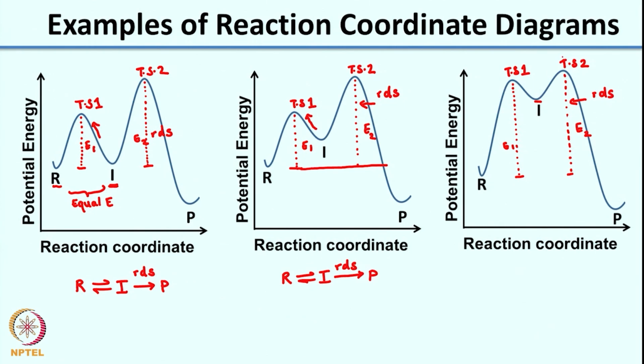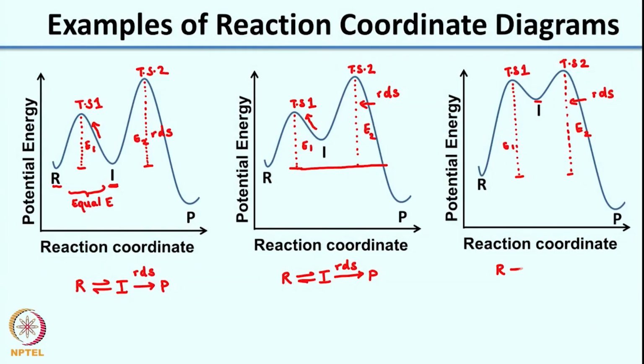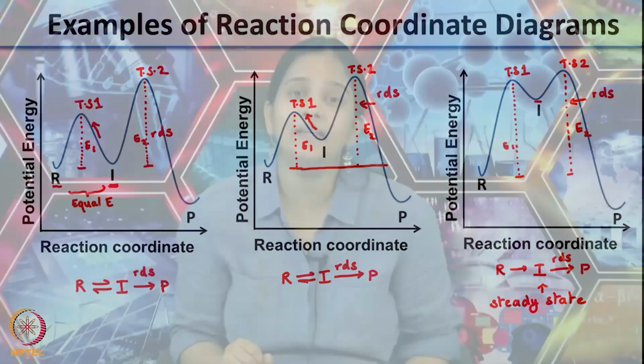This is a situation where one gets what is called a steady state, where as soon as you come to I, you form your product. Here again this is the rate determining step. We will look at this later in detail when we look at the kinetics of reactions.